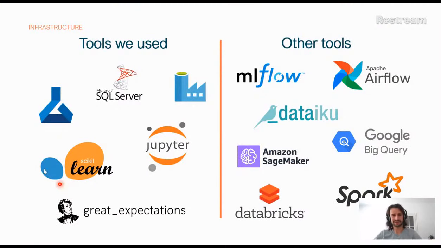Here is a lot of different logos. On the left, I put the logos of what we used to some extent. Of course, the aforementioned Machine Learning and Data Factory. Also, we're using databases, which is MS SQL Server, and the usual friends of any data scientist, scikit-learn for modeling and Jupyter for explorations and EDAs.